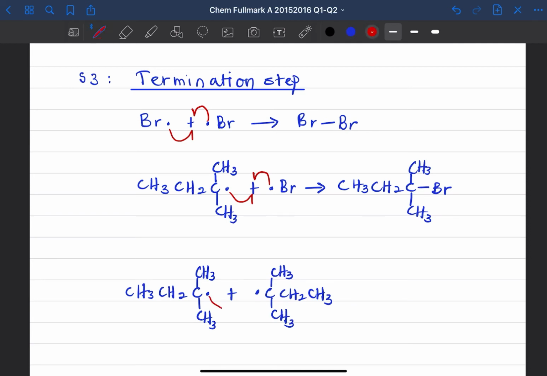So this carbon will join together and give you CH3, CH2, CH3, CH3. Another bond forms here between carbon, CH3, CH3, CH2, CH3. So this is the termination step for the free radical substitution mechanism.